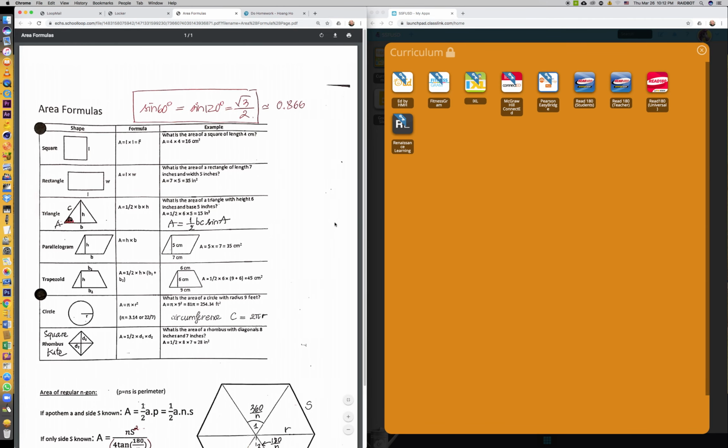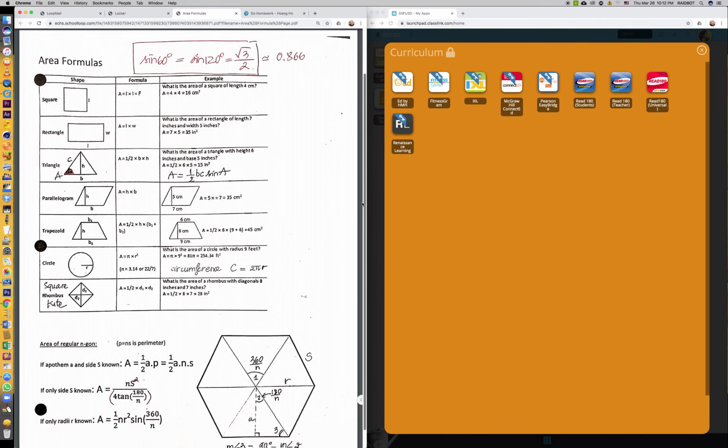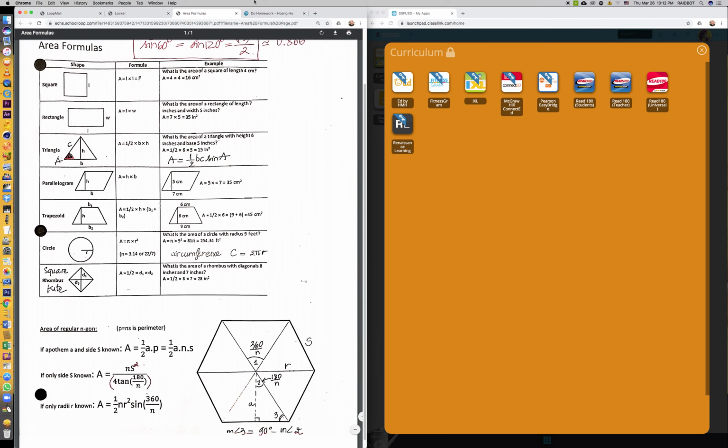Alright, so on this page, you have the area formulas for square, rectangle, triangle, parallelogram, trapezoid, circle, rhombus, and kite. If you know two diagonals, you can use the same formula.